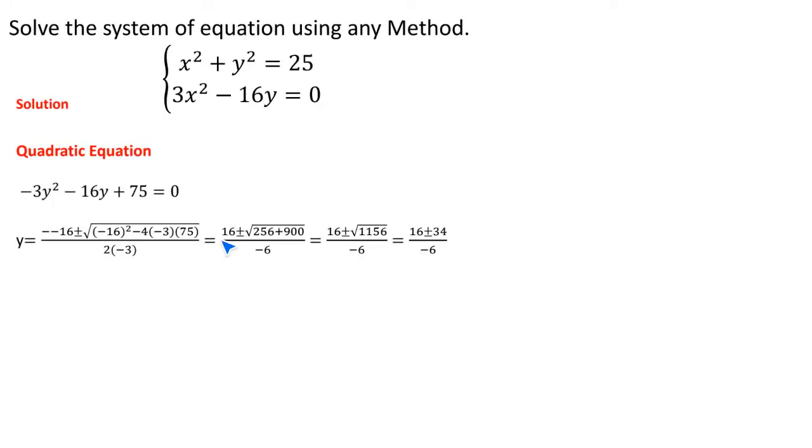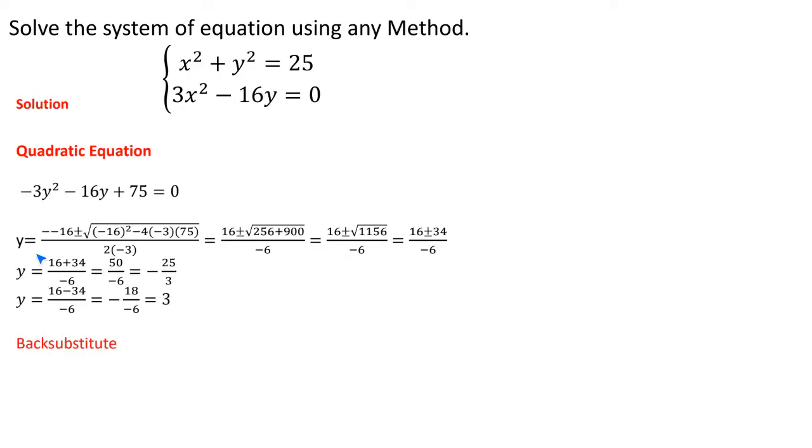So if we simplify, -16 squared is 256 plus 900, and that gives us 1,156. If you take the square root of that number, you get 34. So far we have y is equal to 16 plus 34 divided by -6. So that's going to be 50 divided by -6, which is equal to -25/3.